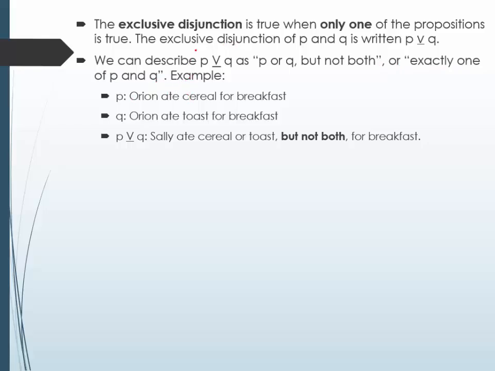So, for this instance, we have Orion eating cereal. So, you have two propositions. One is Orion ate cereal for breakfast. The other is Orion ate toast. Now, Orion's a single breakfast type of person.